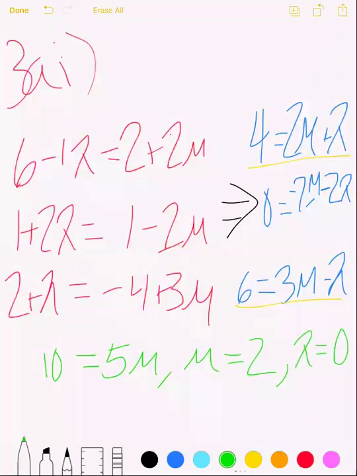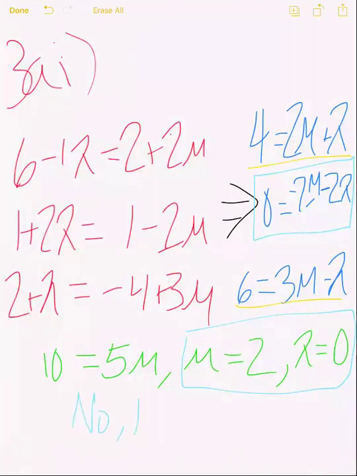In order to check whether or not these intersect, I need to verify that these 2 values satisfy this equation. So if I have -2 times 2, which would be -4, minus 0, I would get -4, which does not equal 0. Therefore, I can say that no, they don't intersect.